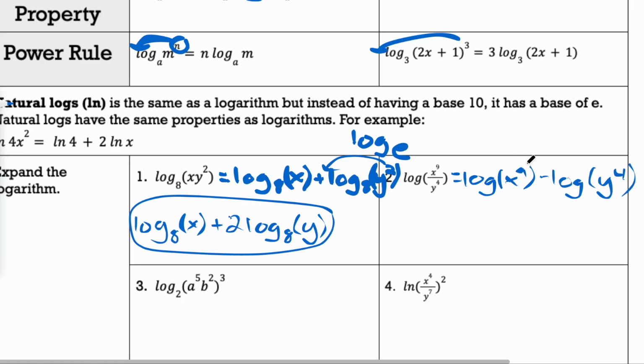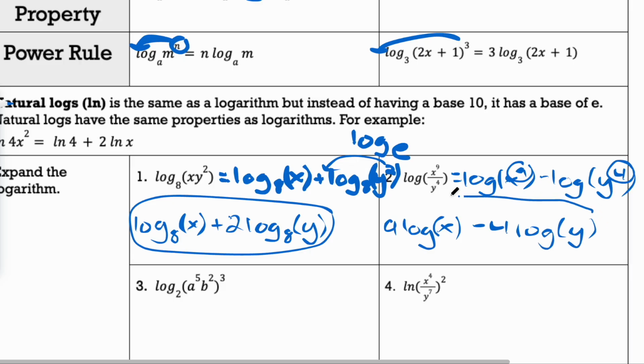And in both of these cases, we have these exponents. And so what can we do with those? Yeah, we can just move them out to the front. So we end up having 9 log of x minus 4 log of y. Something like that.